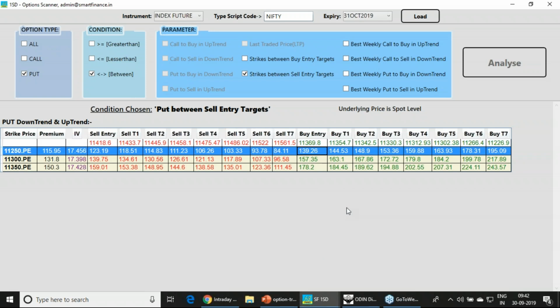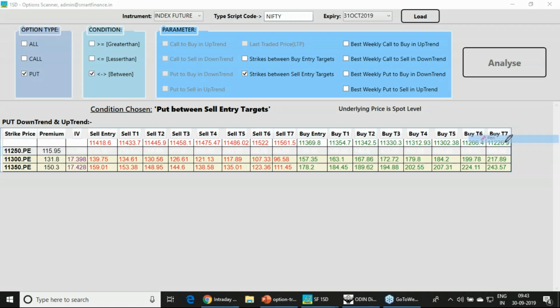Here is another very small but very powerful clue I am giving you. Imagine you are buying this particular strike at 178, and just 20 paisa I am not counting. It has probability to go till 243. So 243 minus 178 gives 65 points of expectation.